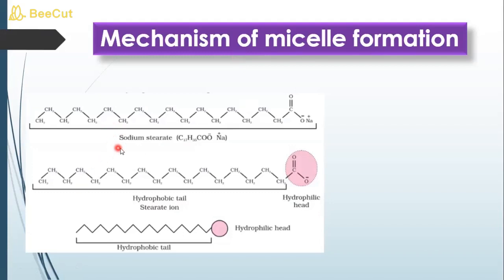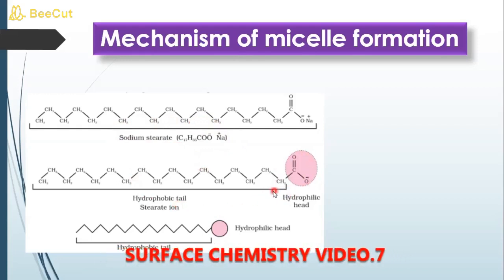Here is a soap which is sodium stearate, and it has the formula C17H35COO minus Na plus, which is the major component of many bar soaps. When dissolved in water, they dissociate to give you this as one portion. Along with that, Na plus will also be present.